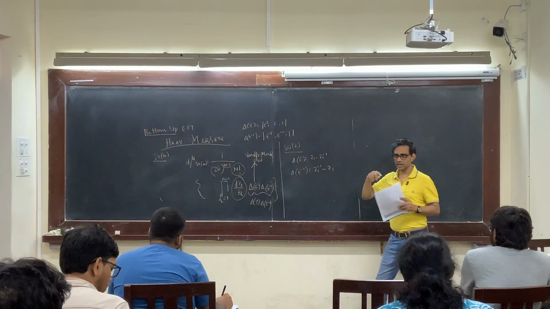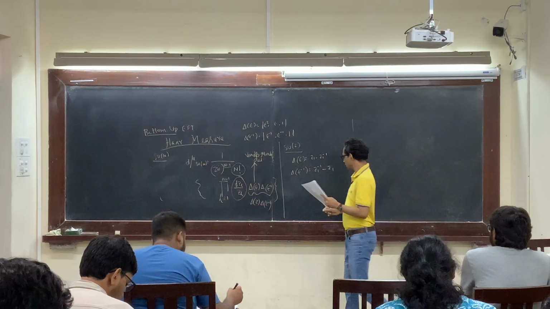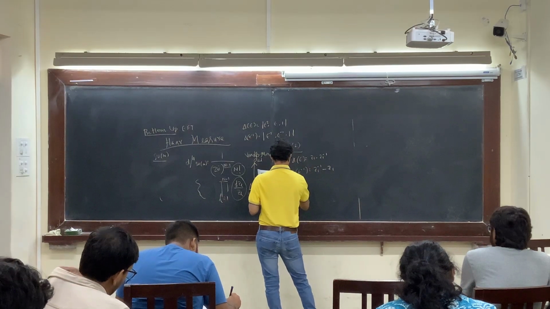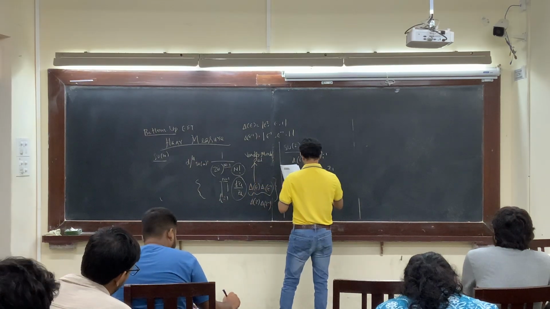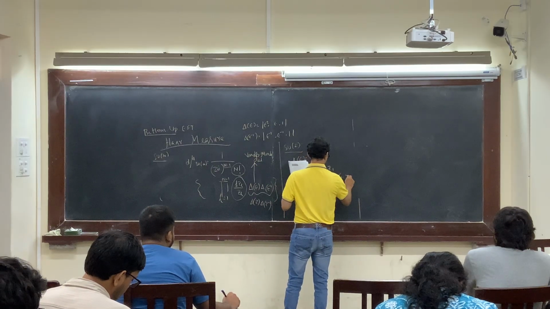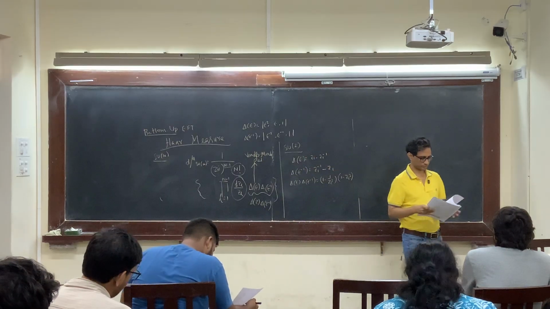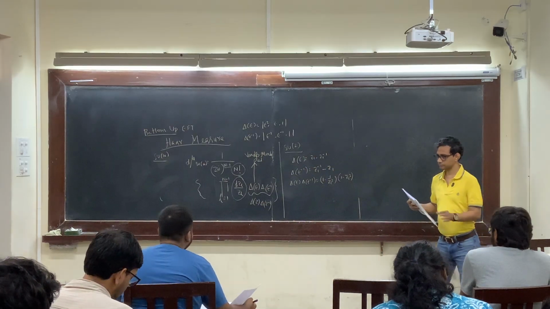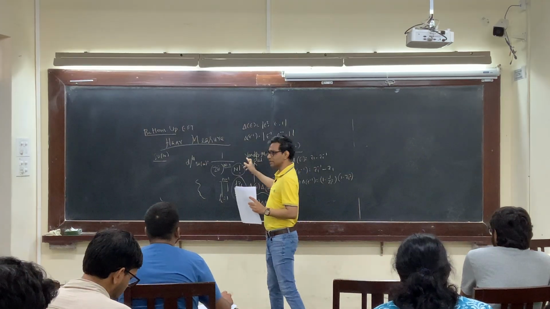Just change all the zi by zi inverse. You get that one. So eventually I get delta epsilon inverse as 1 minus 1 by z1 squared into 1 minus z1 squared. I mean, all the information is there actually.